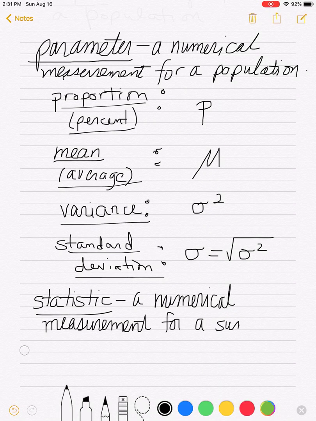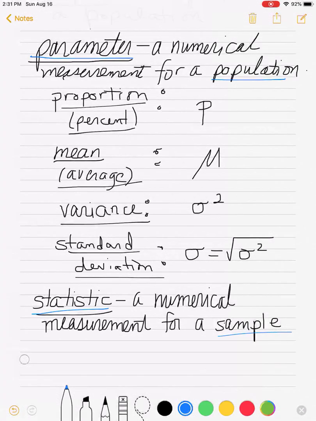So remember, parameter goes with population, statistic goes with sample. I mean, that makes sense, right? Parameter, P, population; statistic, sample. The P goes with the P and the S goes with the S, right?